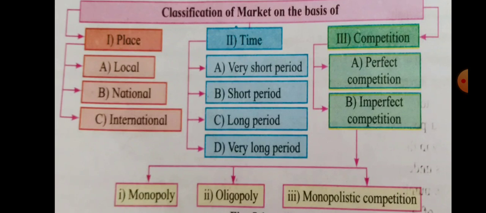On the basis of competition, number 1 is perfect competition and number 2, imperfect competition. Imperfect competition is divided into 3: monopoly market, oligopoly market and monopolistic competition. Okay, so this is the classification of market.